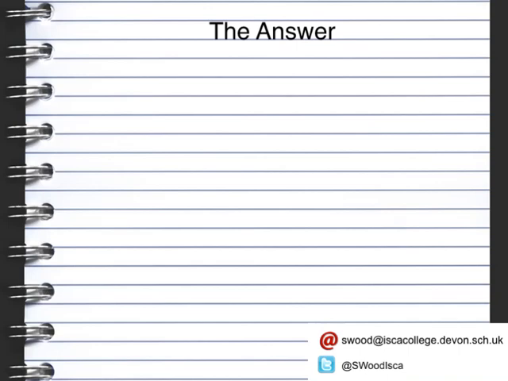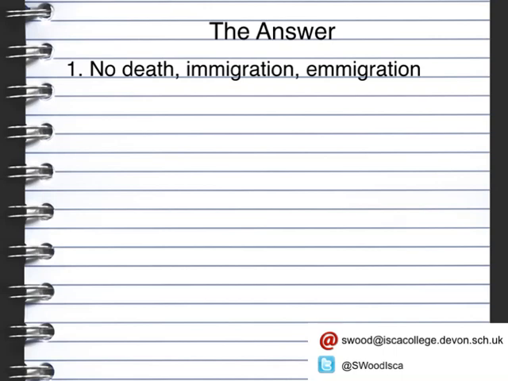Now with that estimate we have made several assumptions. The first is there is no death, immigration or migration. The second, they were collected without bias, so that didn't mean that we found a known mouse home and stuck a couple of traps outside the home.